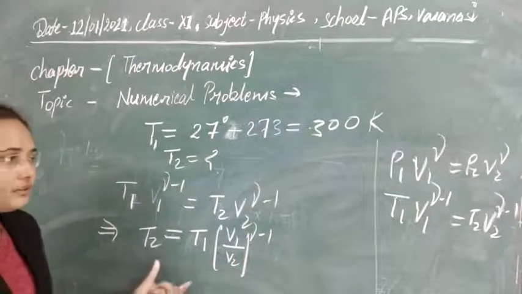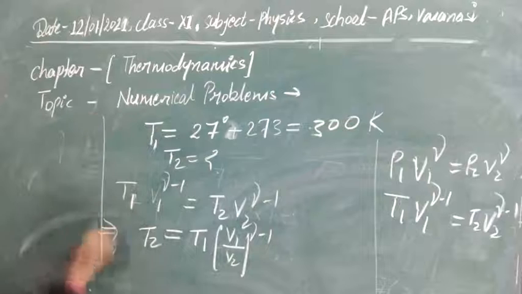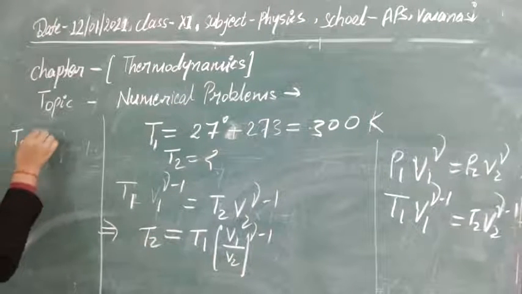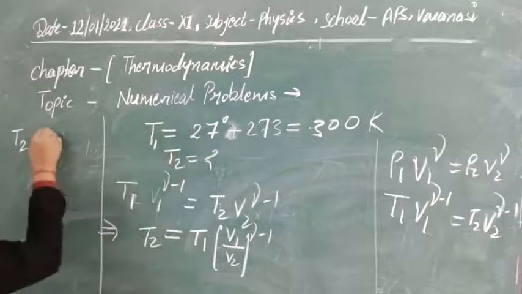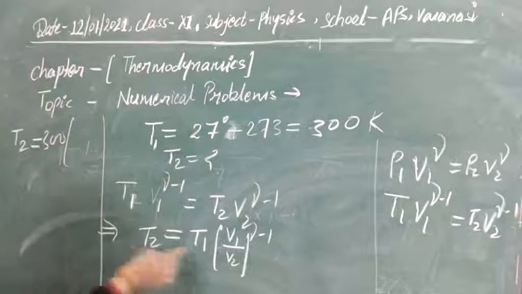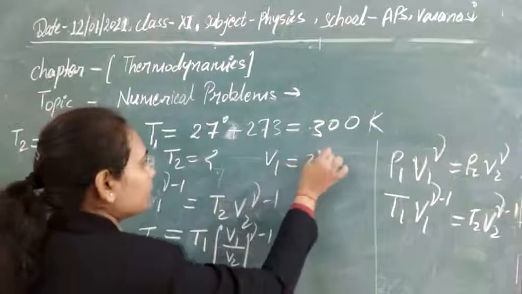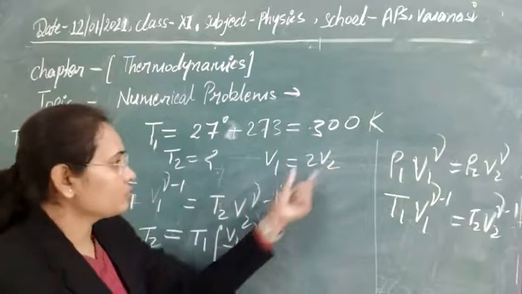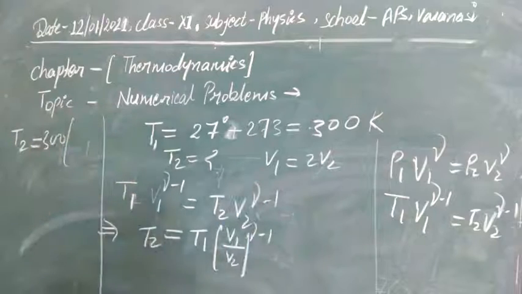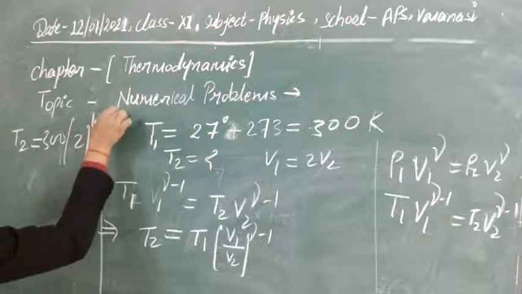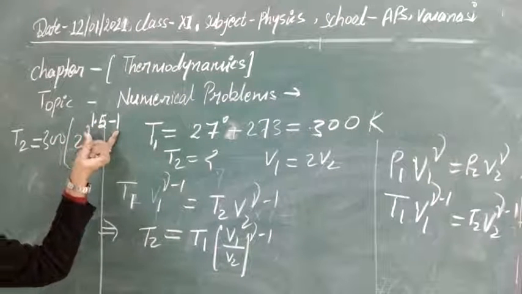Now let's put the values that we know. T2, T1 we have 300, and V1 upon V2, as we have V1 equal to 2 times V2, so V1 upon V2 will be 2. So 2 power, the value of gamma that is given as 1.5, minus 1.